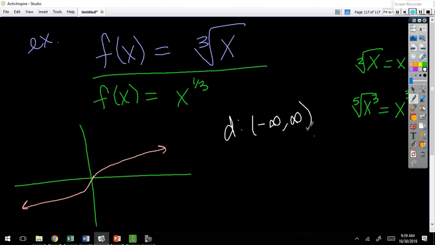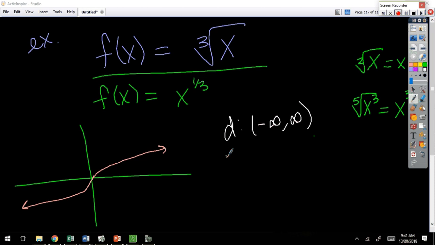But odd number radicals aren't. Do y'all understand the difference and why it's not restricted and a square root is?